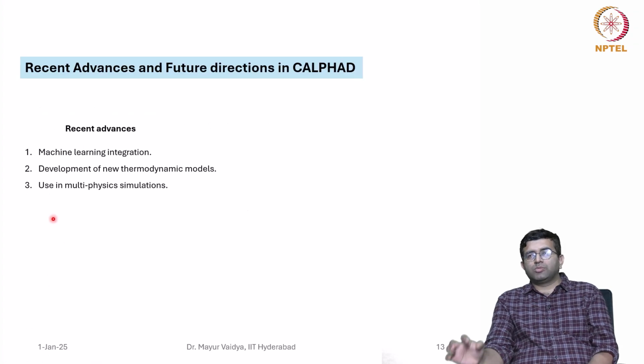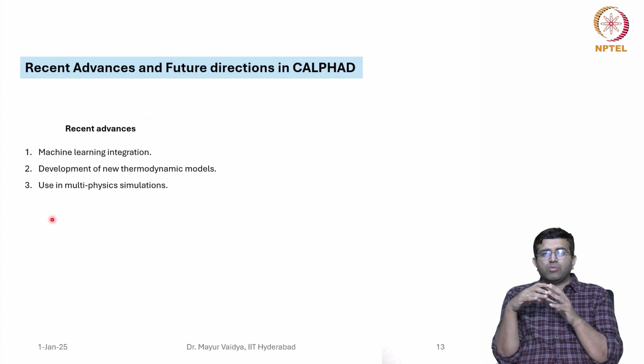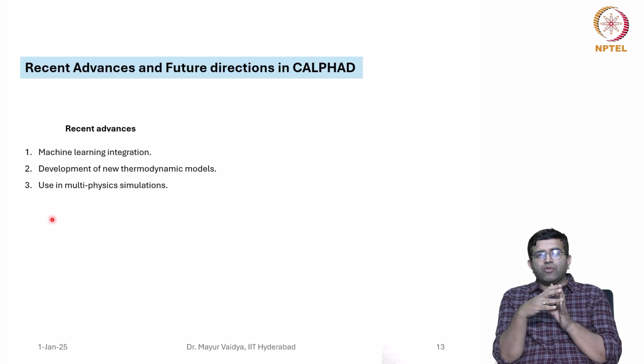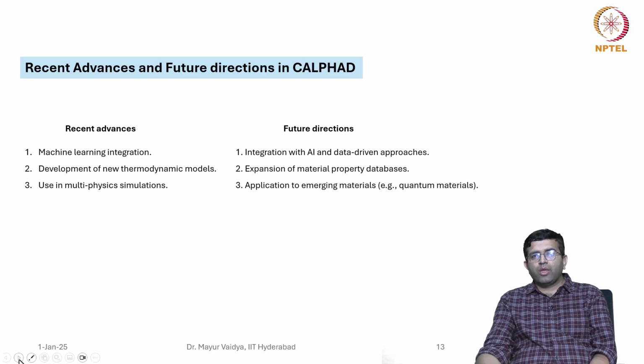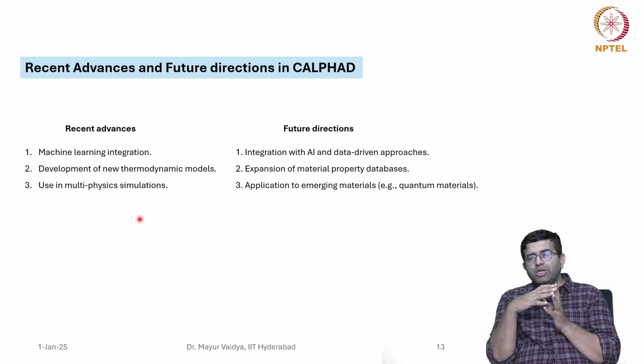Recently, people are trying to integrate machine learning with CALPHAD to develop more robust and new thermodynamic models. It is also being tried in multiphysics simulations. In the future directions, the plan is to integrate it with AI and data-driven approaches. Expansion of material property databases is required.